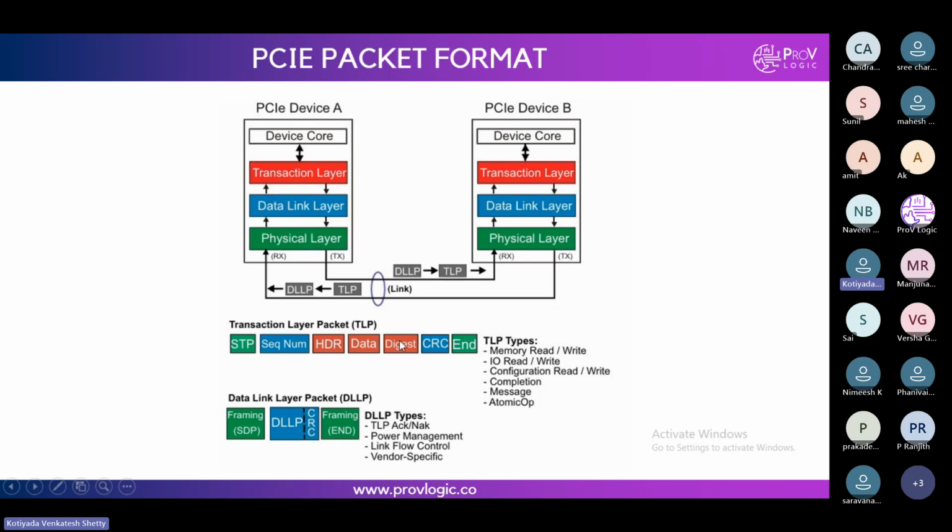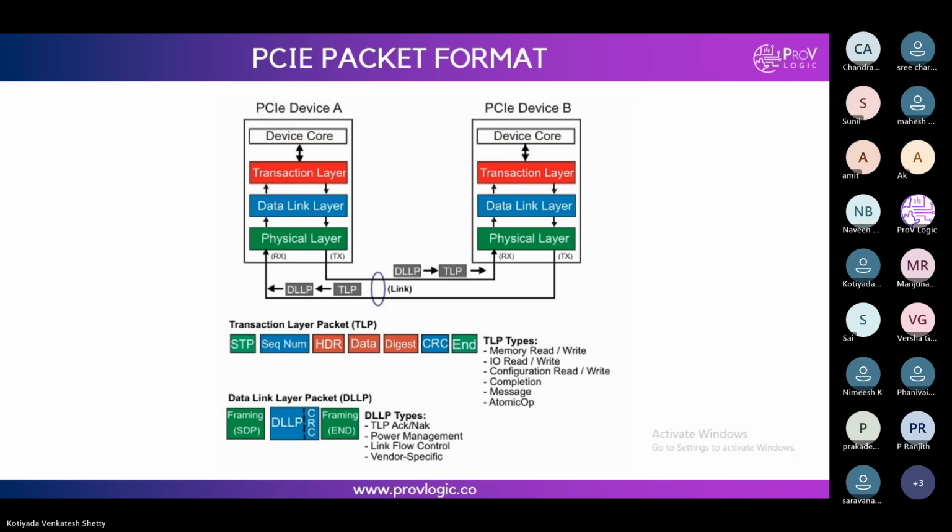The digest is nothing but the ECRC, end-to-end cyclic redundancy check. The data is the data coming from the application layer. That's why I told you PCI is a data transfer protocol, not a bus protocol. PCI is a serial data transfer protocol.